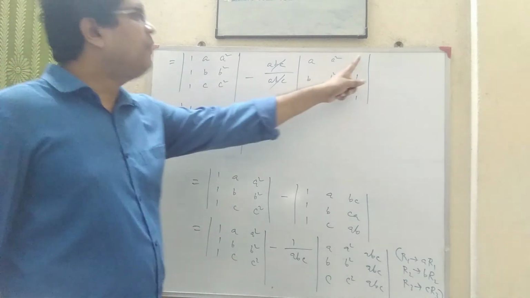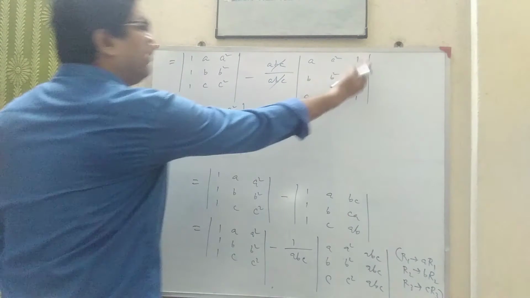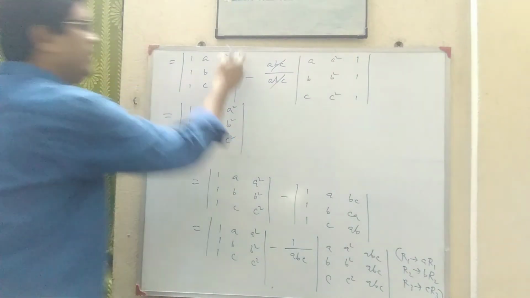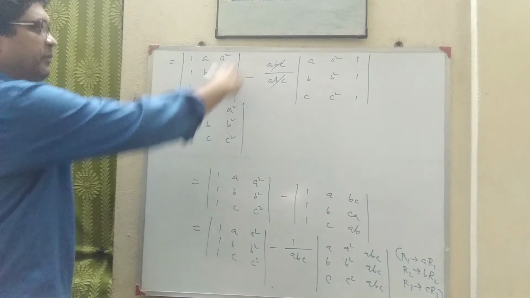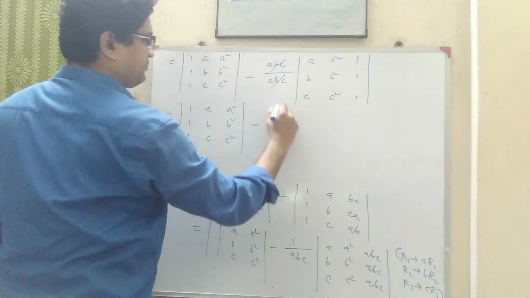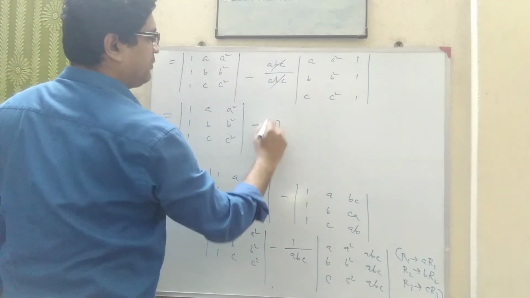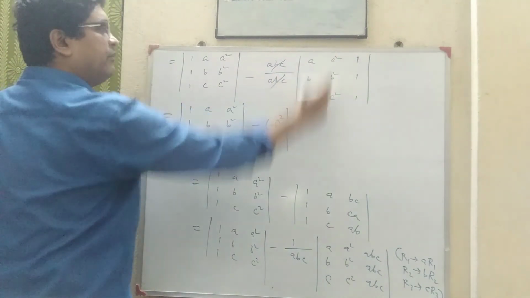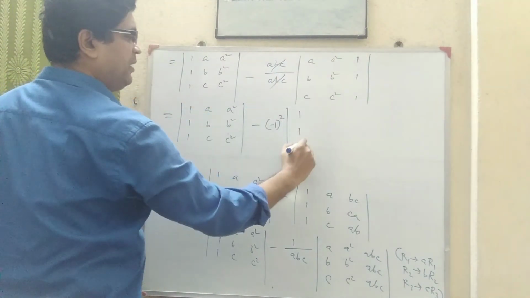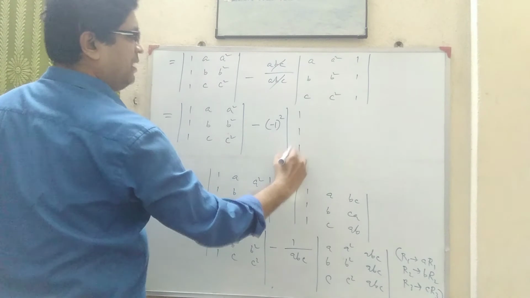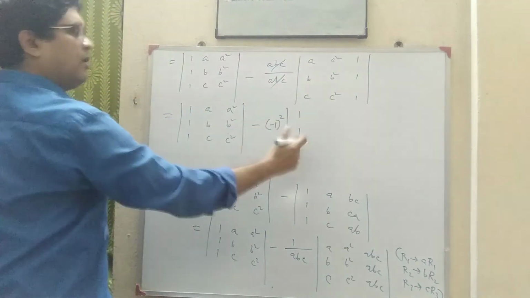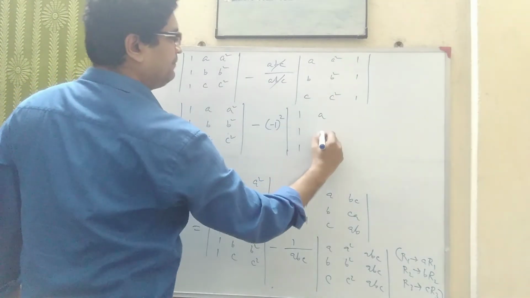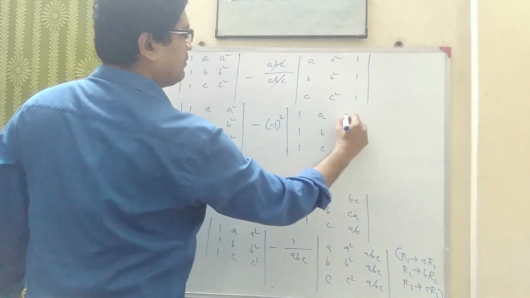Here I am passing the third column over the first two columns, because then it will become the same as 1, 1, 1, a, b, c, a square, b square, c square.